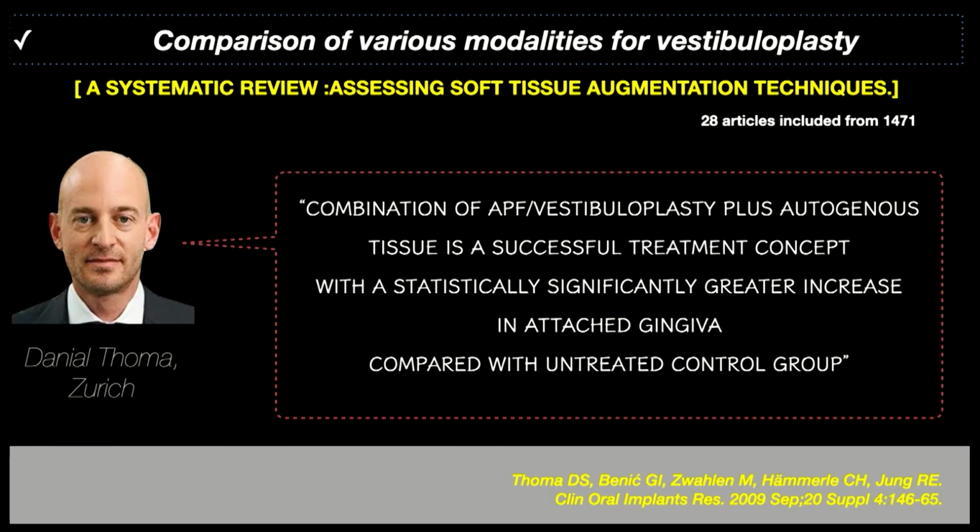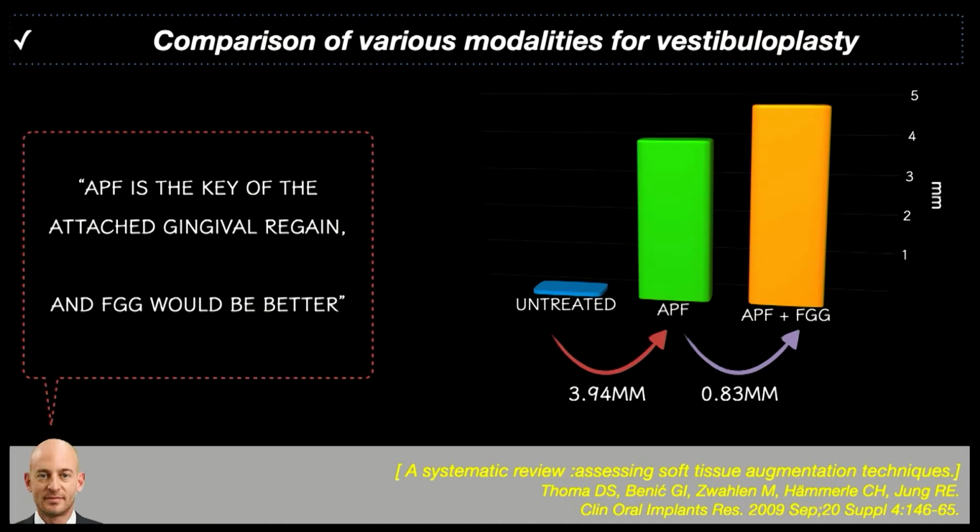Subjective and objective aesthetic results may be improved by means of soft tissue augmentation procedures. And this is another review article, a systematic review of Daniel Thoma. He presents that a combination of APF and autogenous tissue is a successful treatment for increasing attached gingiva. In his article, he expressed the effect of each procedure as a graph.